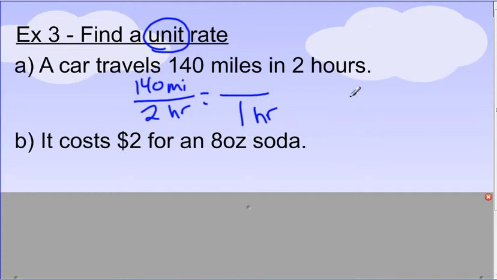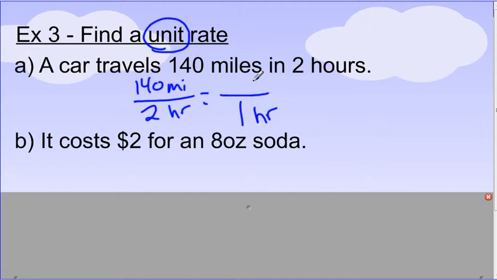If you remember how to solve proportions using cross multiplication, that is one way to do this problem. You can take 1 times 140, 2 times the variable, divide by 2 on both sides, and your missing piece will equal 70. I'm telling you right now, the answer there is 70. That's one way to do it. If you know how to do proportions, you can do it that way. We're not going to do it that way just yet.